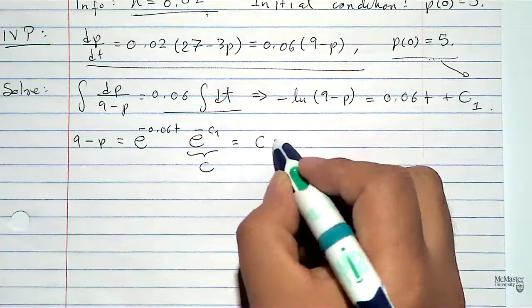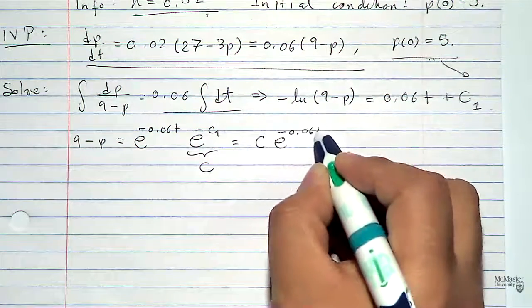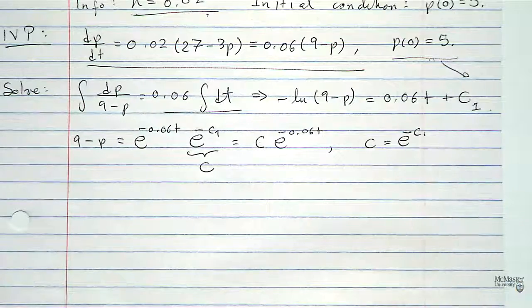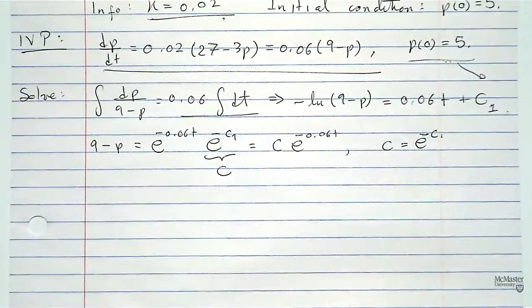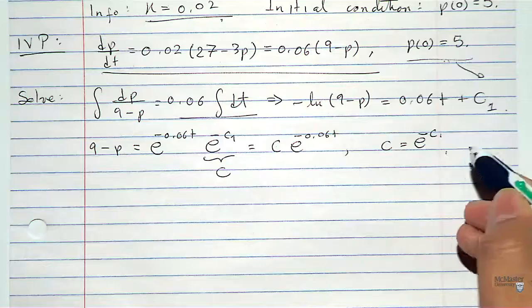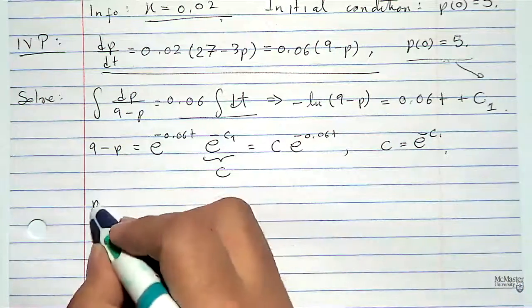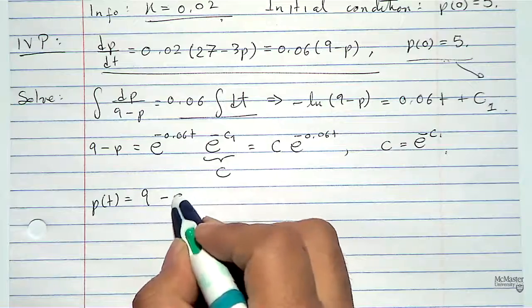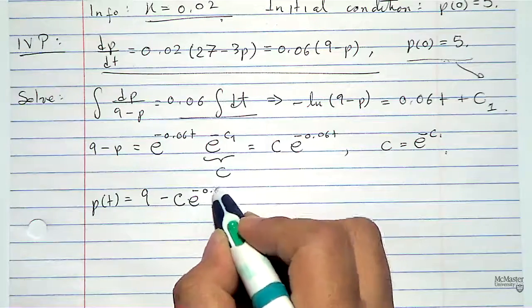So this is c times e to the minus 0.06t, where c is e to the minus c1. So it's just defining a constant in terms of the previous one, it's nothing more. And we can just pass the price to the other side, which is p of t equals 9 minus c e to the minus 0.06t.